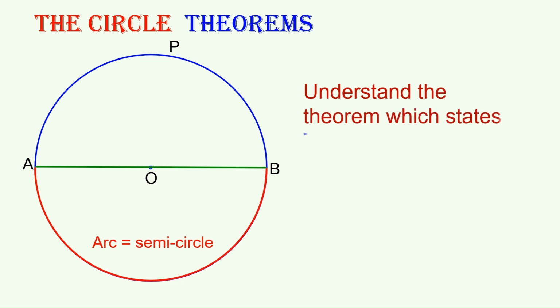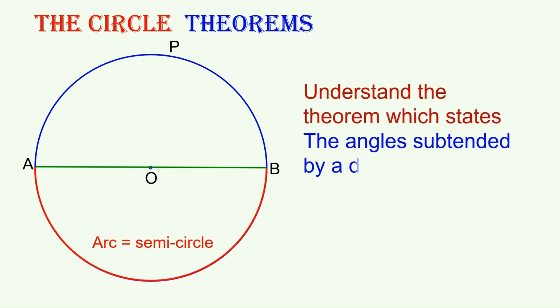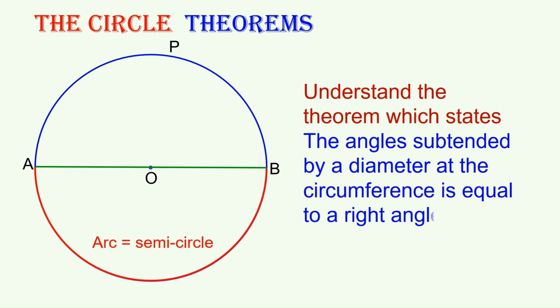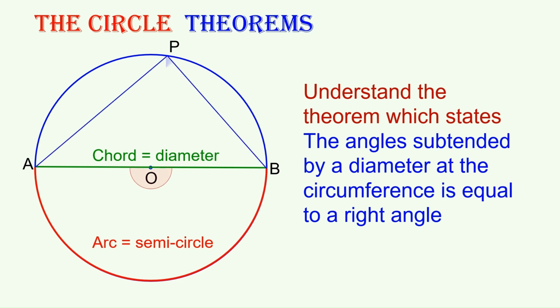Now try to understand the theorem which states the angle subtended by a diameter at the circumference is equal to a right angle.